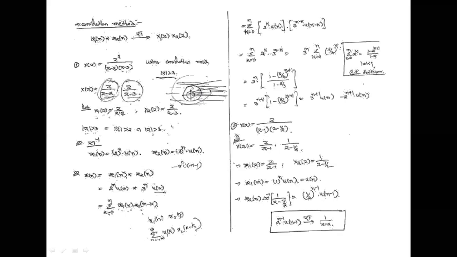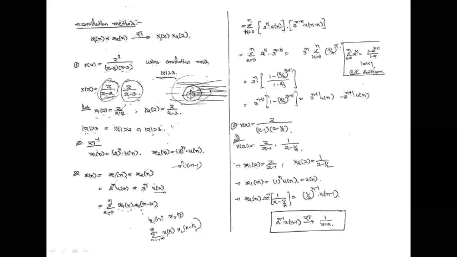Take one function as X1 of z and the second as X2 of z. You can find the inverse transformation with |z| greater than 3. Greater than means, irrespective of the value, you write it as the right-hand side sequence only.